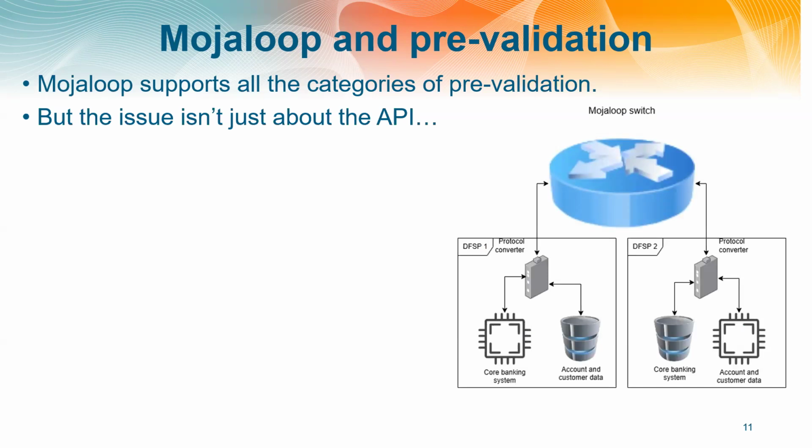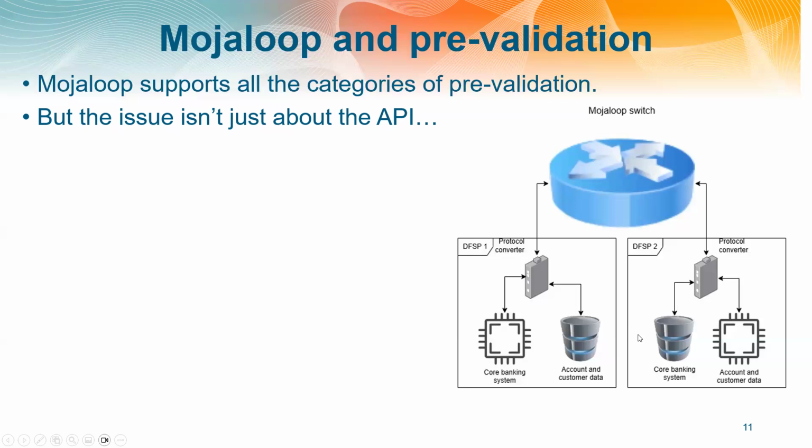So you can see that the Mojaloop switch interacts with protocol converters. Each of the DFSPs has one of those, and those protocol converters interact with the core banking system and perhaps also separately with account and customer data that it needs to understand about, for instance, to know what the level of KYC in relation to a particular account is.